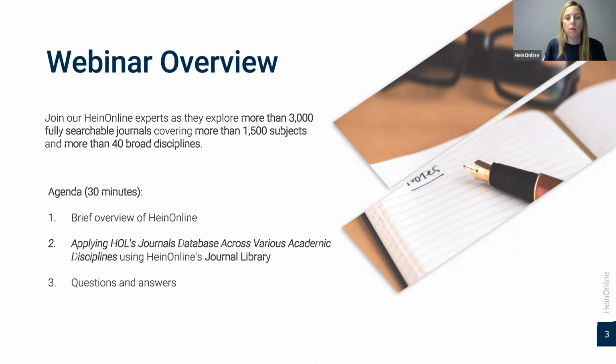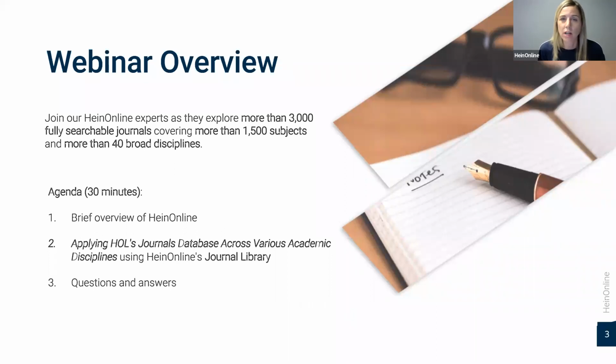So first, just a quick overview of HeinOnline. If there's anyone here that's not familiar with HeinOnline, HeinOnline is comprised of over 200 million pages of content across, we're up to over 100 plus databases available now. A couple of the key features of HeinOnline: almost all content is available from the earliest volumes or editions.